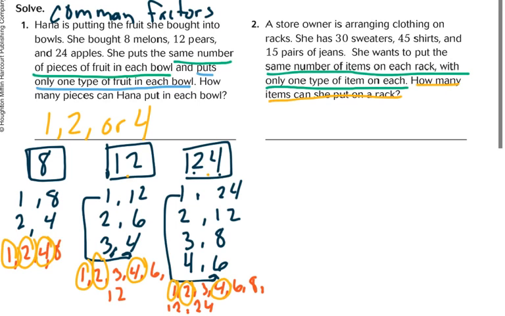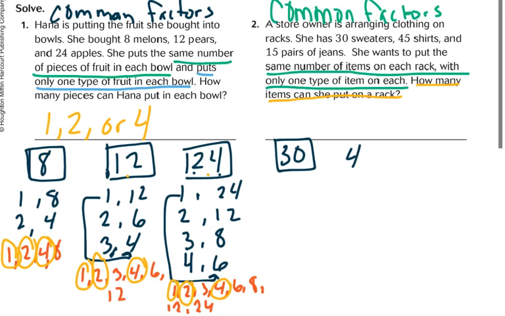So she has a choice. In order to figure out how many she can put on a rack, we have to, again, find our common factors. Okay? I have 30. I have 45. And I have 15.